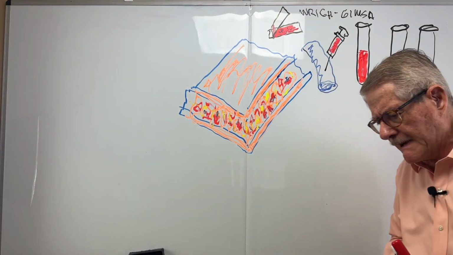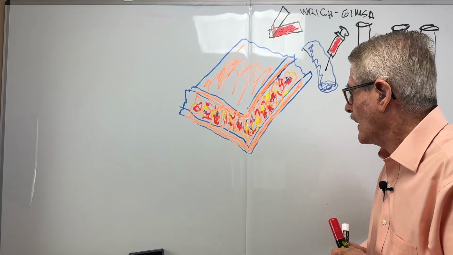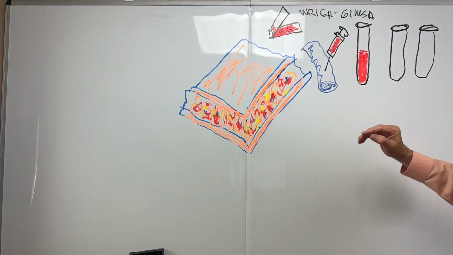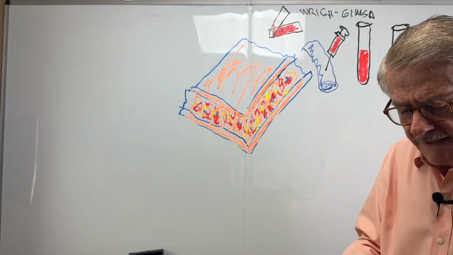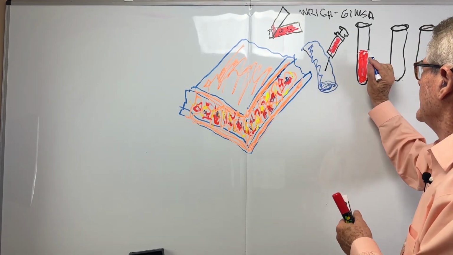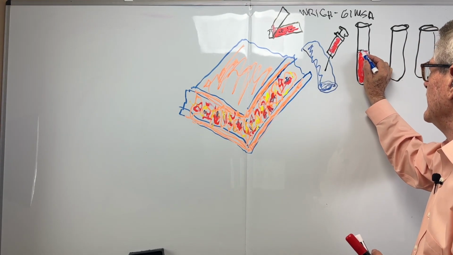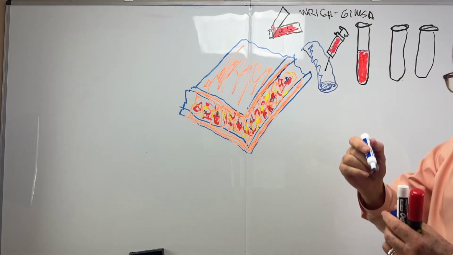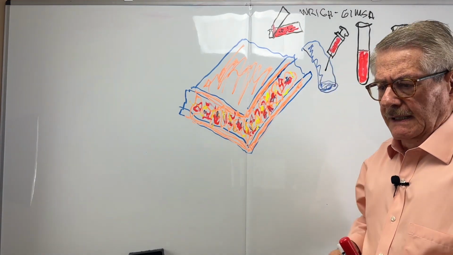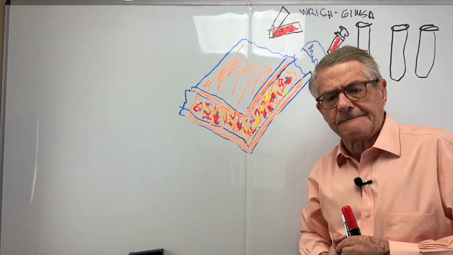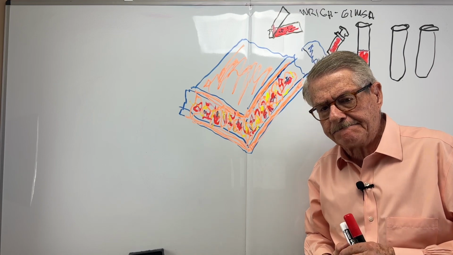Now, let's remember something, that obviously in a tube of blood, most of the cells are the red blood cells, but there is a little tiny area on the surface called the buffy coat that has the white cells and the platelets.